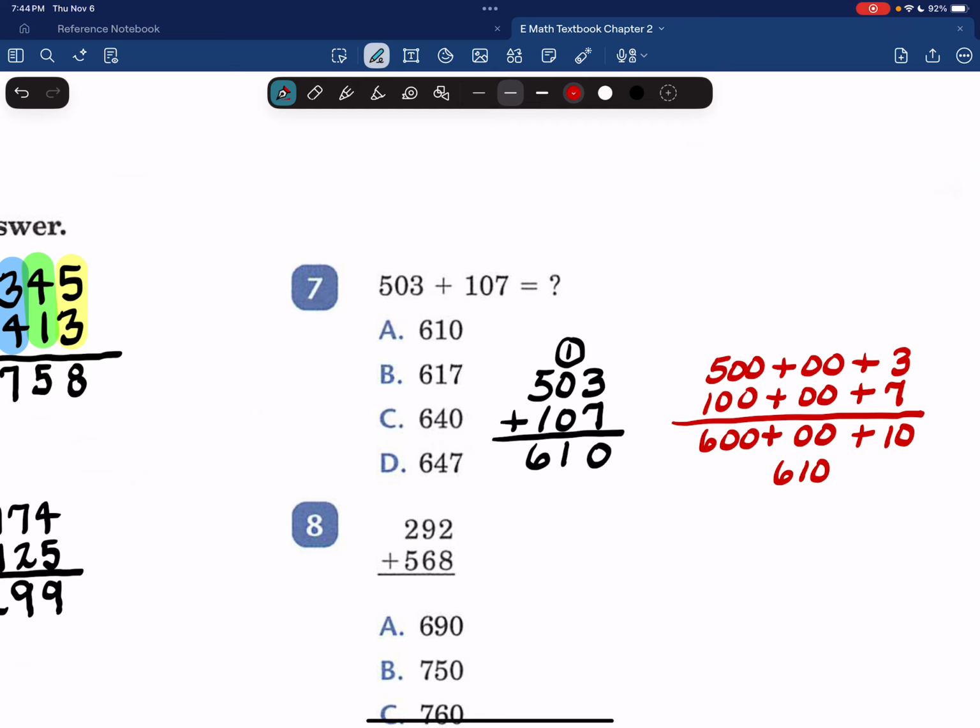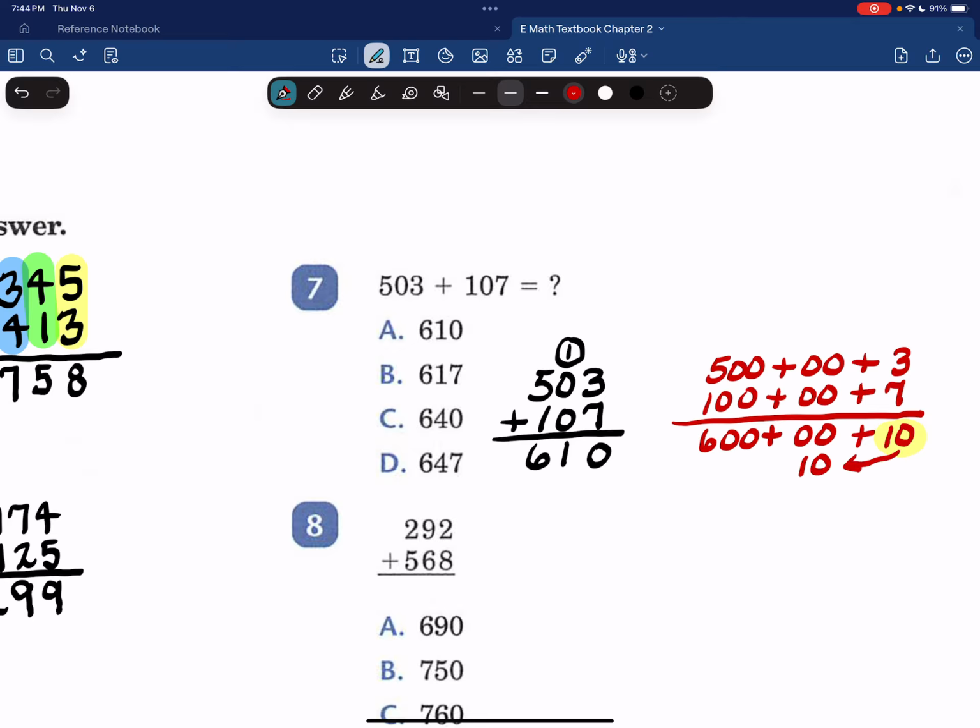Let me do it the right way. I'm being lazy. Because in that ones column, you see that you've got tens right here. And that should be over in the tens column. It needs to move over here.